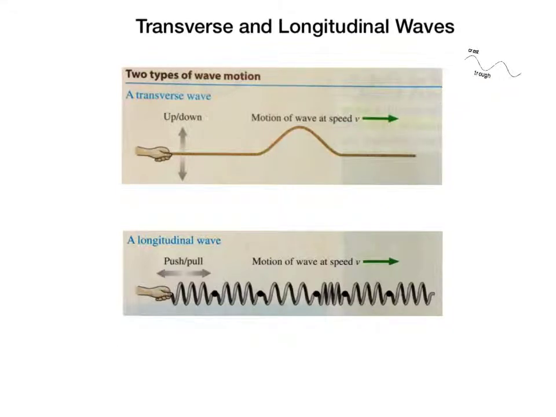Now, longitudinal waves are waves where the particles in the medium move parallel to the direction in which the wave travels. So here we see a spring. If you tap the end of that spring, or you push and pull on the end of that spring, the wave is going to travel left to right, and the spring is going to compress and stretch in the same direction as that wave motion.